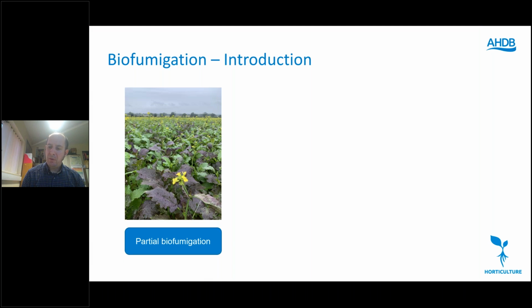Now, there are 3 stages to biofumigation. The first stage is what we've termed partial biofumigation, and that's the effect of the growing crop. This is an interesting phenomenon in that these plants will naturally leach glucosinolates as they grow, and we've detected glucosinolates beneath the roots. The question is, how do those glucosinolates then get converted into isothiocyanates?